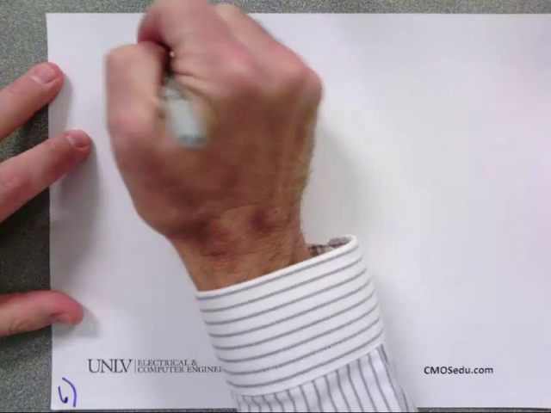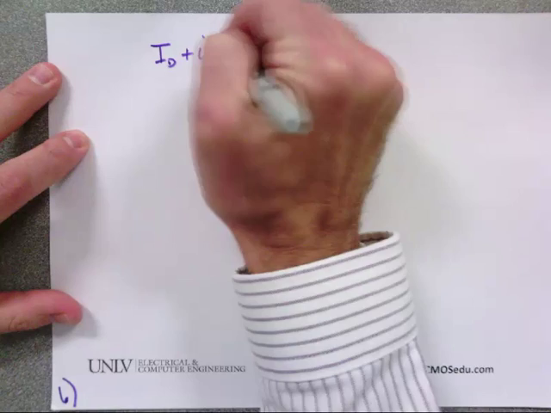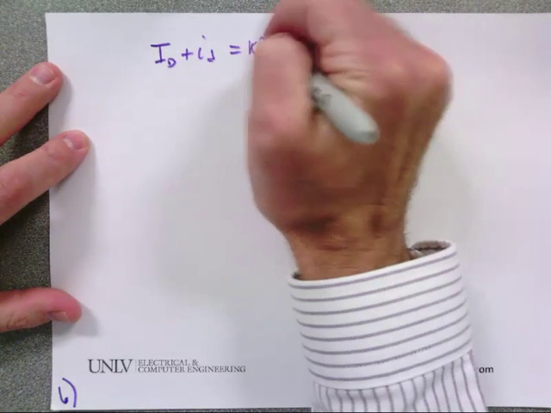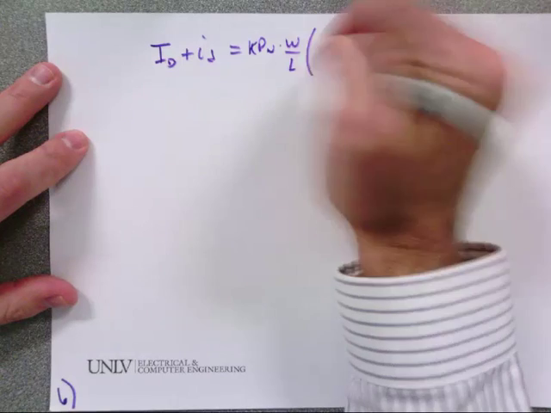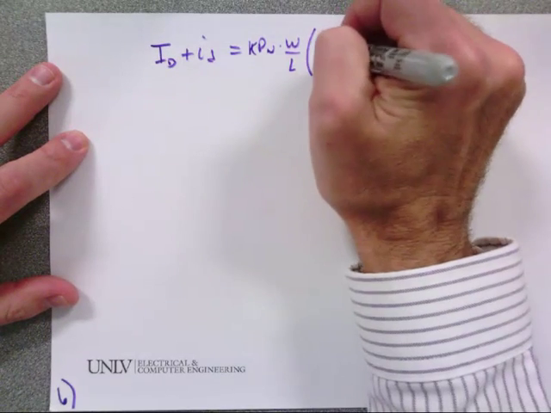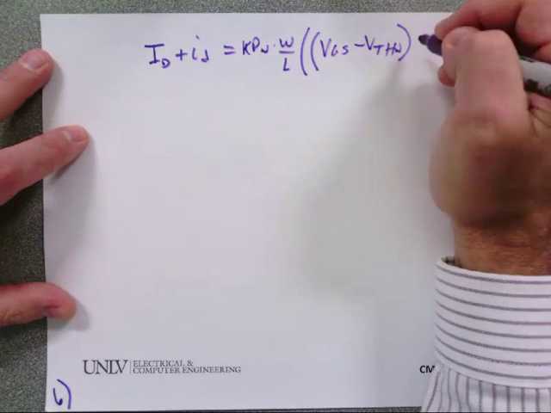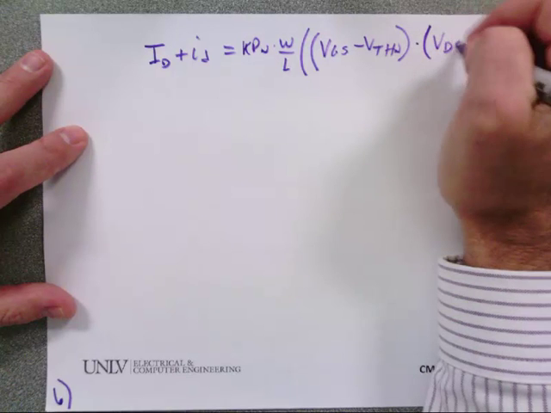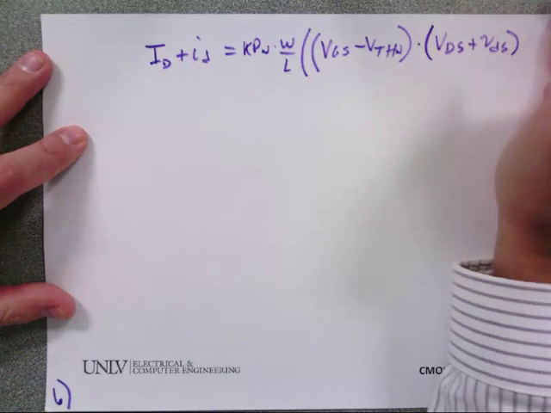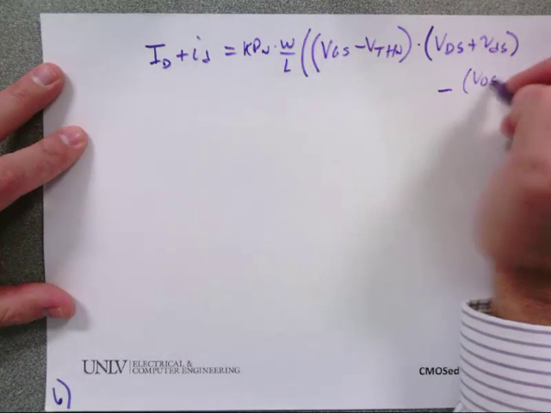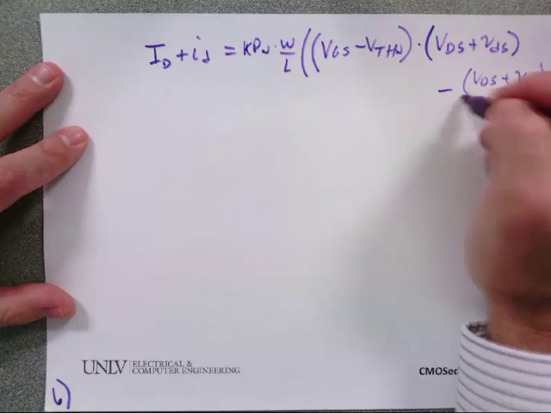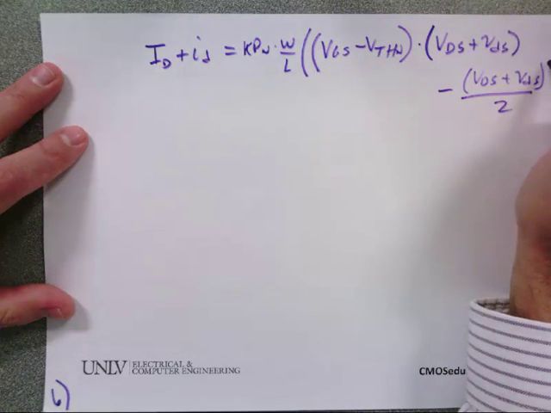So on the next page, I'm going to write that ID is equal to Kp sub n times W over L times VGS minus V threshold n times VDS plus little vds minus VDS plus little vds over 2, and this is squared.